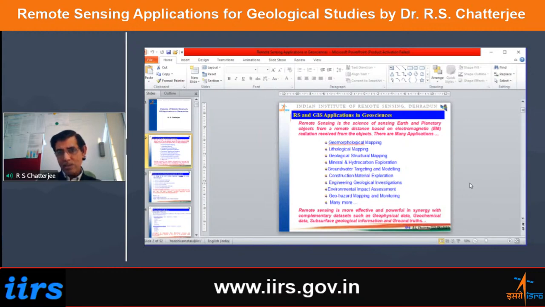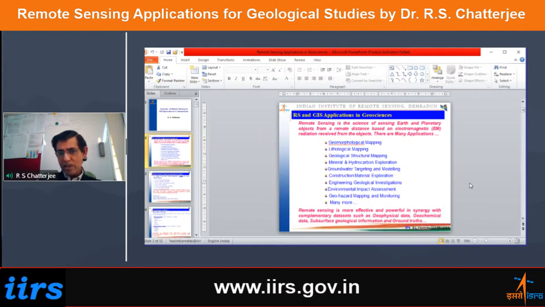And in geosciences, there are many applications. For example, geomorphological mapping, lithological or rock types mapping, geological structures. These are the basic applications. And other applications are very focused applications.